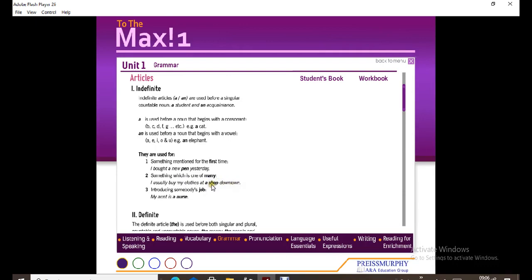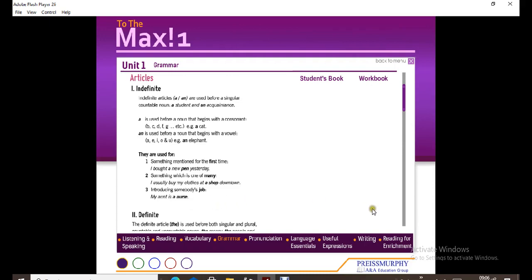It means there are many shops downtown, and I bought my t-shirt, my dress from one shop of many. Okay, go to number 3, introducing somebody's job, like my father is a teacher, my aunt is a nurse.